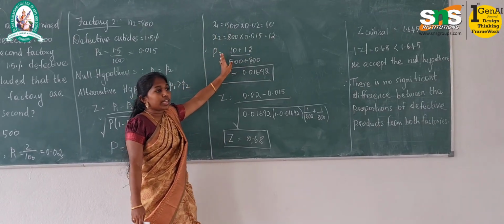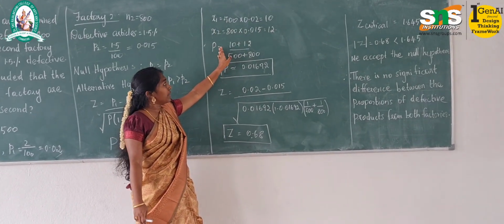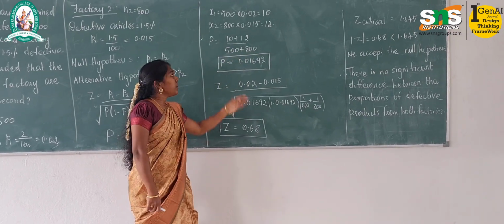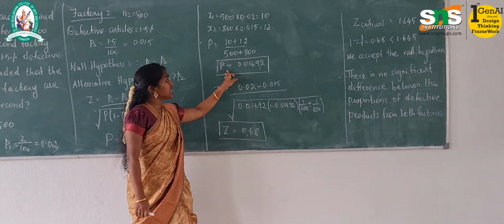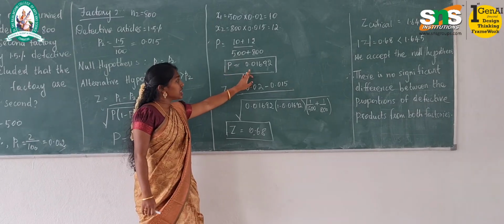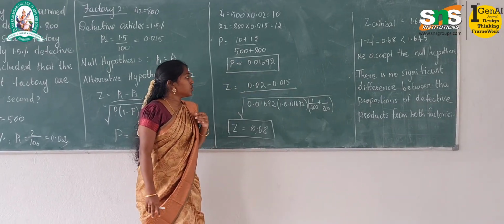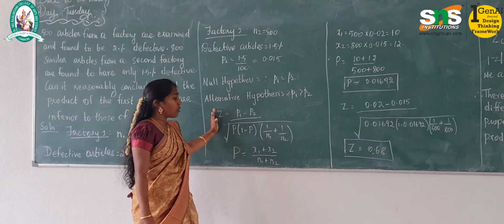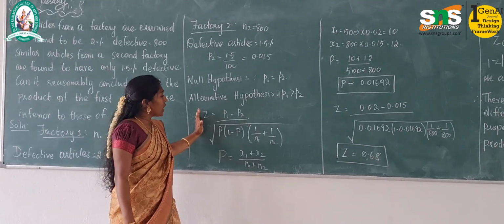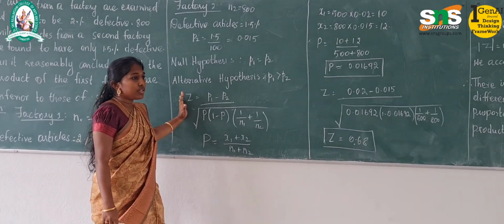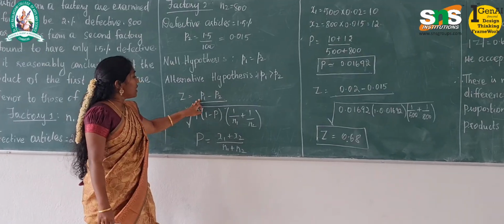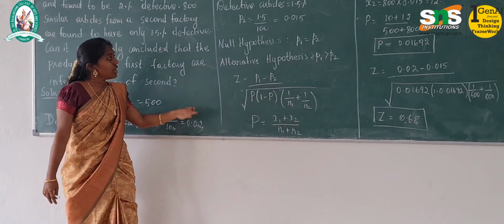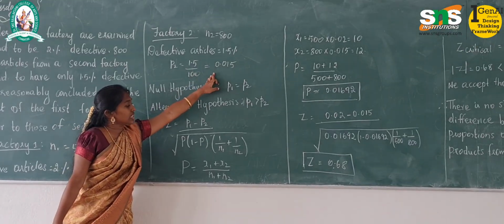Now we apply the formula of capital P, that is x1 plus x2 divided by N1 plus N2. By substituting these values, I get capital P as 0.01692. So now we are going to calculate the value of the test statistic. We apply all the values we calculated in this formula. The value of P1 is 0.02 and the value of P2 is 0.015.